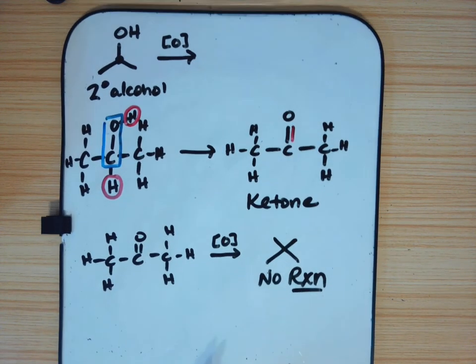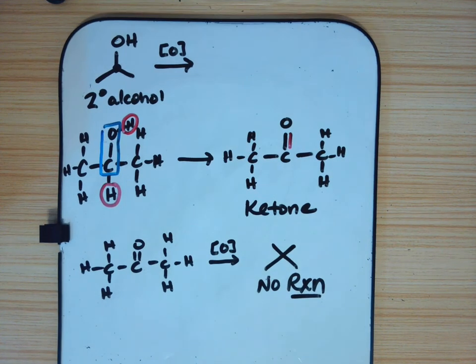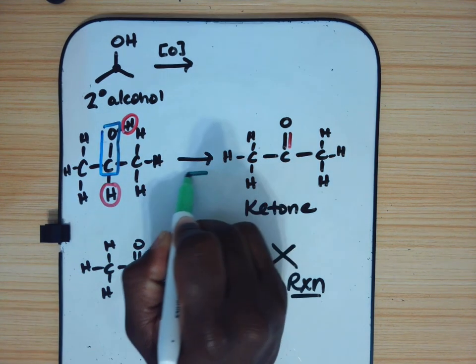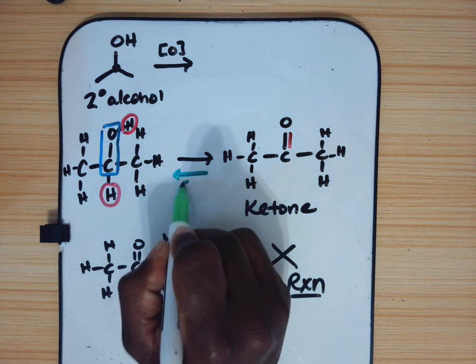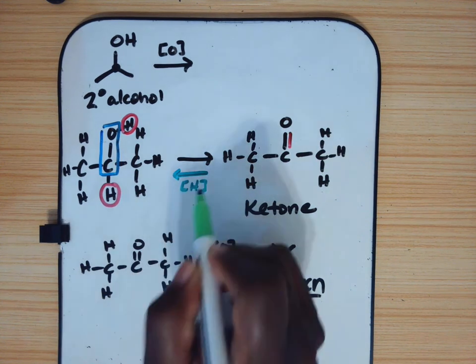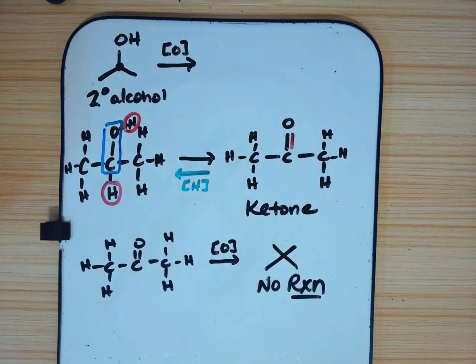So ketones cannot be oxidized. Secondary alcohols can be oxidized to a ketone, but they can't be oxidized any further. However, that ketone can undergo reduction to form the secondary alcohol. So the ketone can be reduced, but it cannot be oxidized.